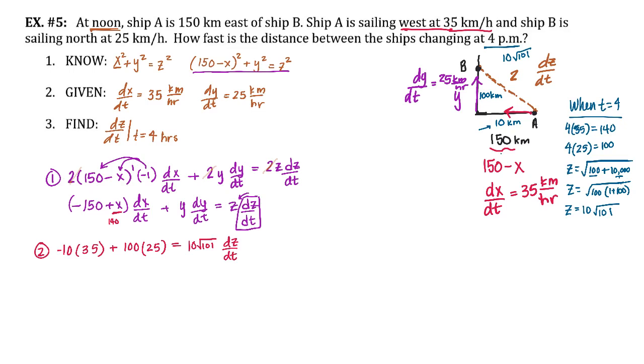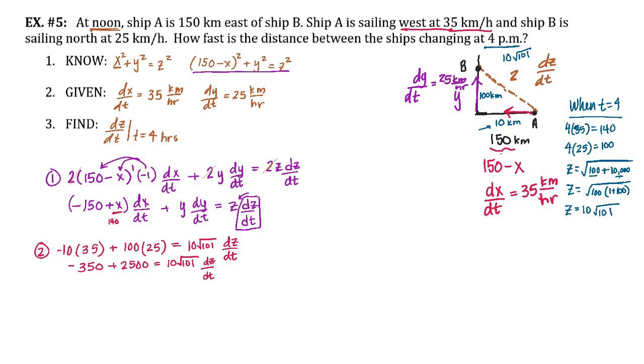All right, so we're going to have negative 350 plus 2500 equals 10 root 101 dz/dt.